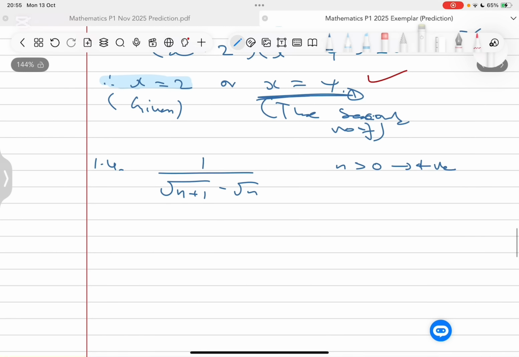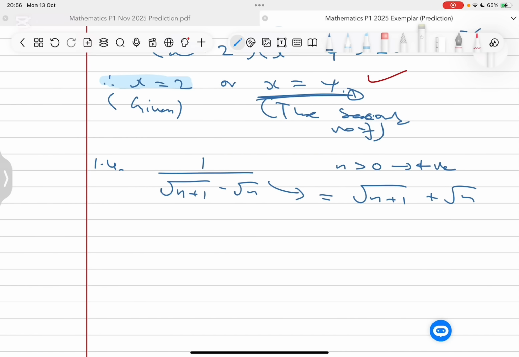Essentially, what we want to prove here is that this expression is the same as the root of n plus 1 plus the root of n, the number that we get after adding these two. So here we're saying that we want to prove that this is the same as that.